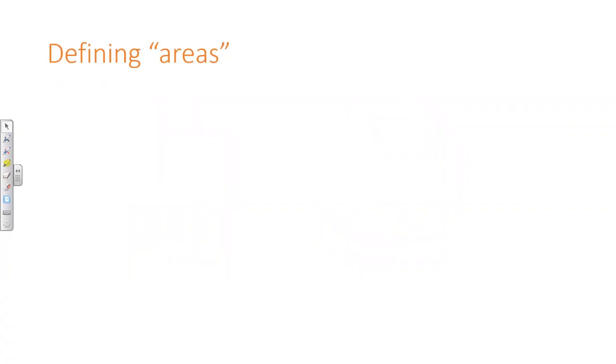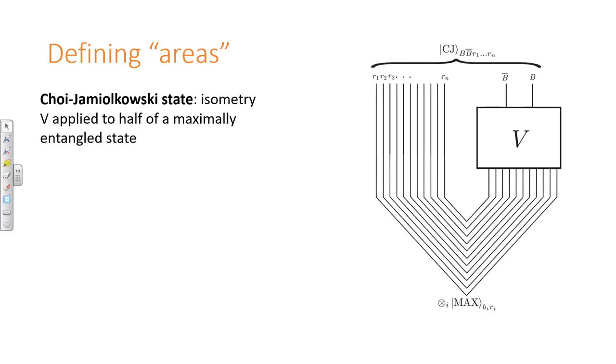This is actually entirely due to my collaborator, Chris Akers. It's a really nice idea by him. It's very, very simple. What we're going to do is use this thing called the Choi-Jamiołkowski state, just a particular state defined for any isometry B. Very simple. Just take a product of maximally entangled states on these little bi's tensored with some other system little ri's.